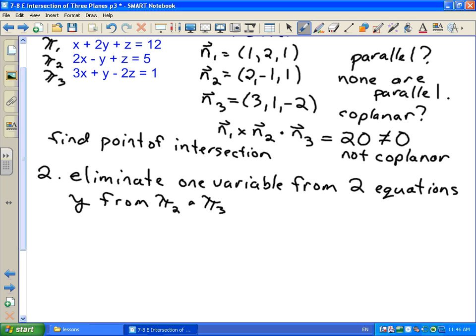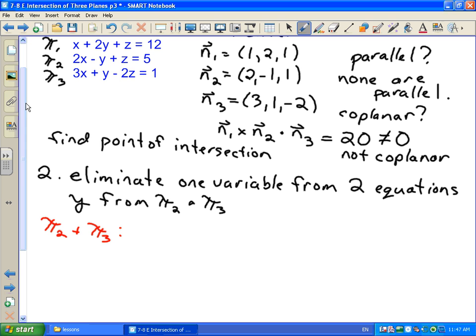And we're going to do this just by adding equation 2 and equation 3 together. So rather than write that all out again, let's just say we'll do plane 2 plus plane 3.